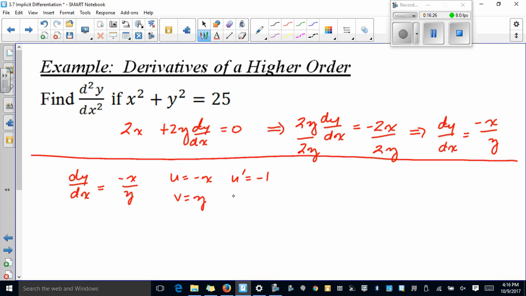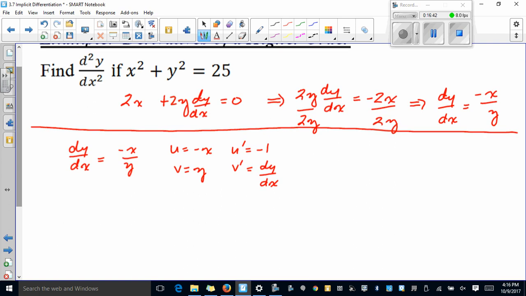Yes, even though we're doing the second derivative, this guy doesn't have dy/dx on it, so it's just the derivative of y with respect to x. Okay, and don't forget quotient rule is u prime v minus v prime u all over v squared.